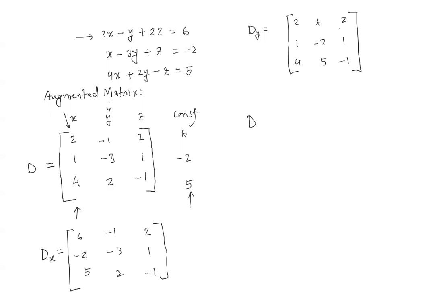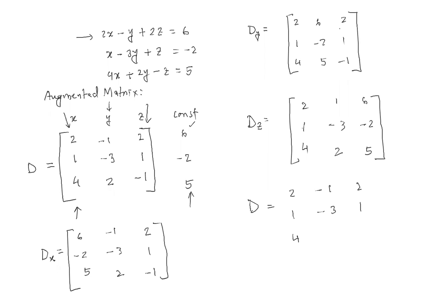And finally, D sub z. I'm replacing the third column. So 2, 1, 4, the first column, fine. Negative 1, negative 3, 2. Now this third column will be replaced by 6, negative 2, and 5. And my D was the first one: 2, negative 1, 2, 1, negative 3, 1, 4, 2, and negative 1.